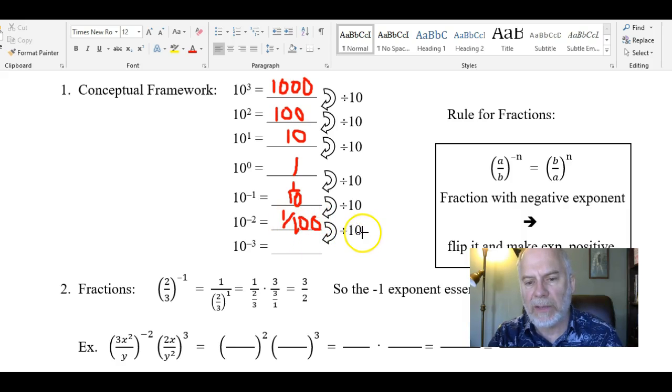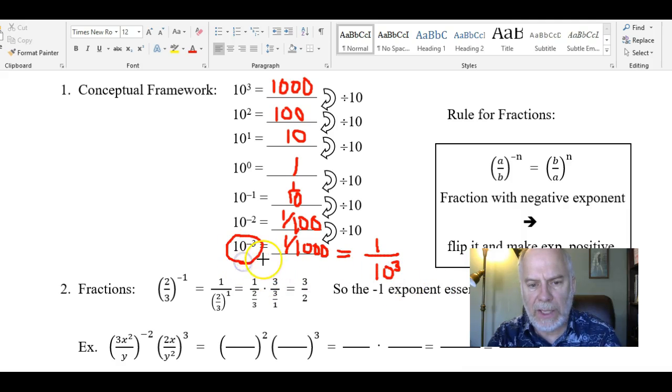And then, of course, if you divide by 10 again, if you have 100th of something and you divide by 10, that equals 1 over 1,000. And 1 over 1,000, of course, is the same as 1 over 10 to the third power. And so, of course, if you have 10 to the negative 3, according to the negative exponent rule, it's 1 over 10 to the positive 3. All right?